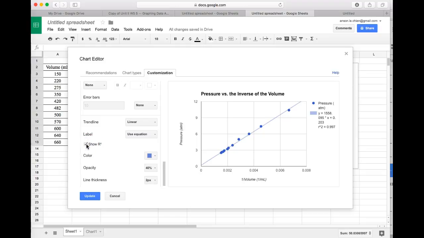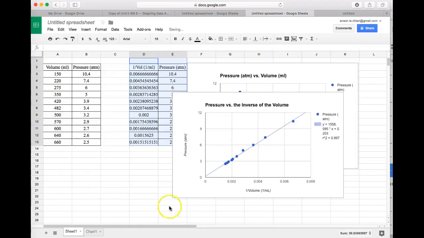You'll learn a little more about that when you take statistics or some higher level math science classes. And let's go update. Okay, so here we have pressure versus 1 over volume being a very linear fit, going pretty much to the origin right here.